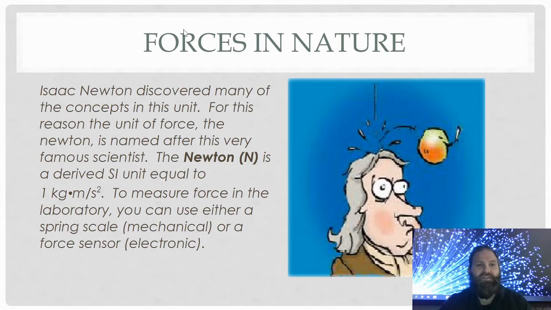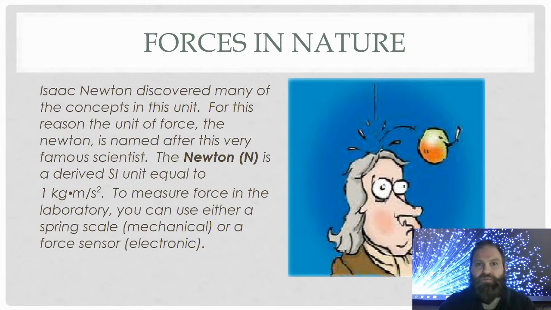We have Sir Isaac Newton to thank for a lot of different concepts in this unit. And because of that, the unit for force is newtons, capital N. If you were to write a newton in its base units, a newton is equal to 1 kilogram times meters per second squared.